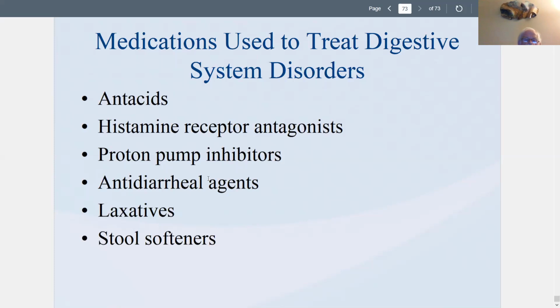These are largely used for treating ulcers. Antidiarrheal agents help reduce the symptoms of the various forms of colitis, Crohn's disease, and ulcerative colitis. Laxatives for constipation, and stool softeners as well. So there's lots of these things.